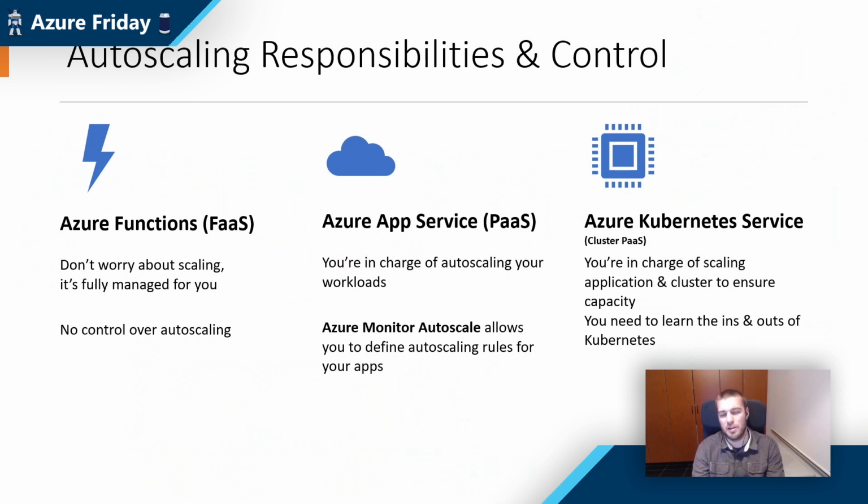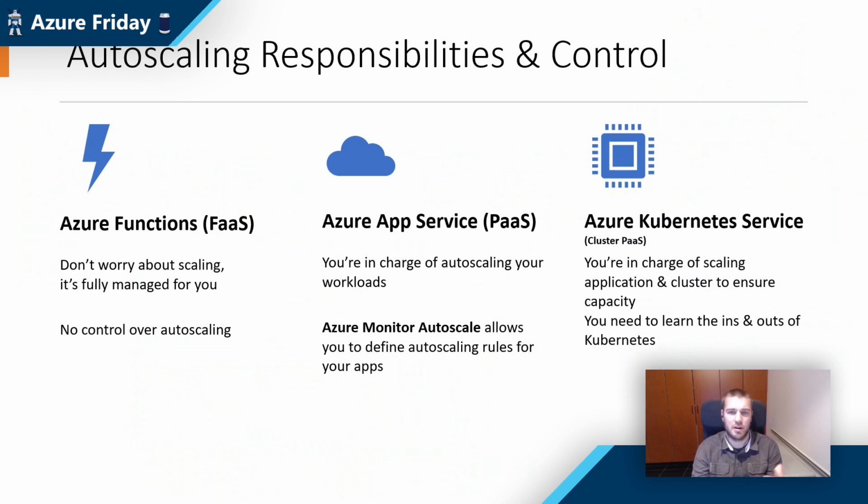Then the other option is something like Azure App Service, which is more of a PaaS service, and you run your application. You can auto scale it with something like Azure Monitor Autoscale, where you define how it should scale and still use a PaaS offering. But if you want even more control, you can go to something like Kubernetes.